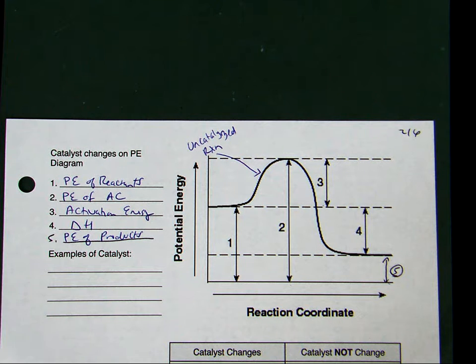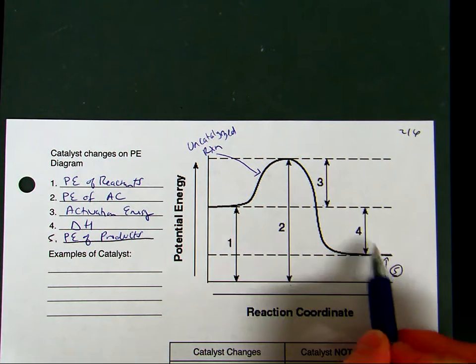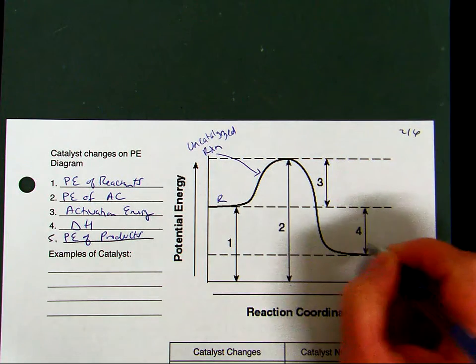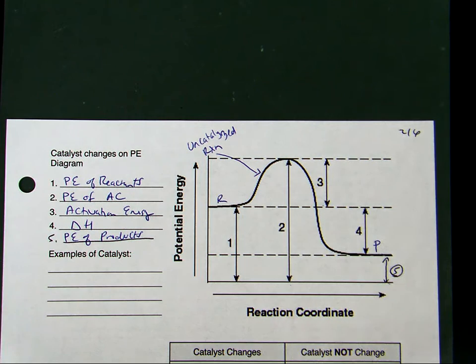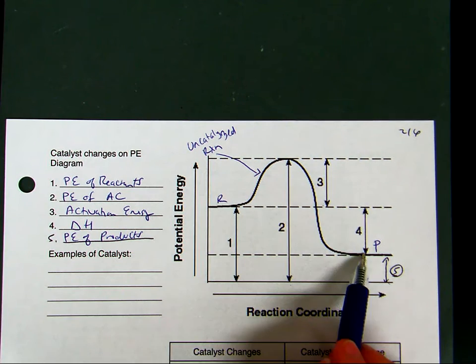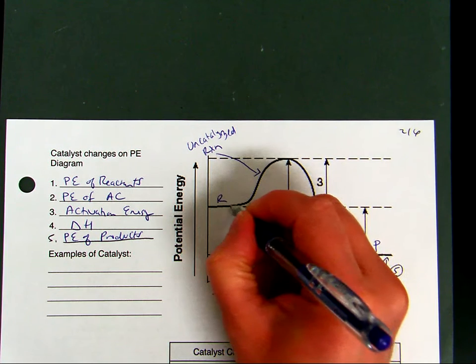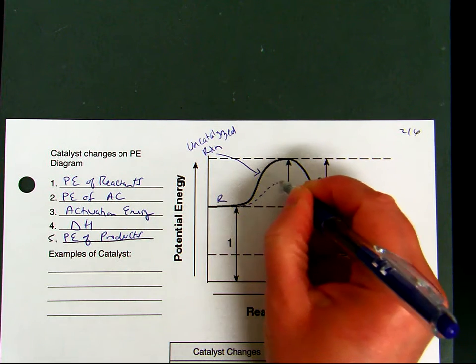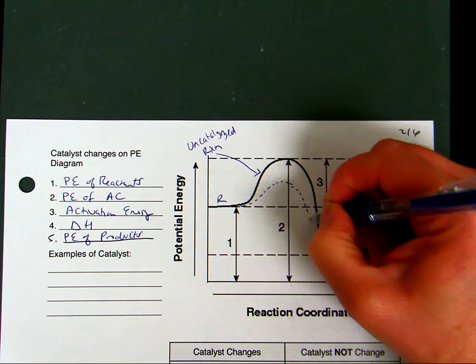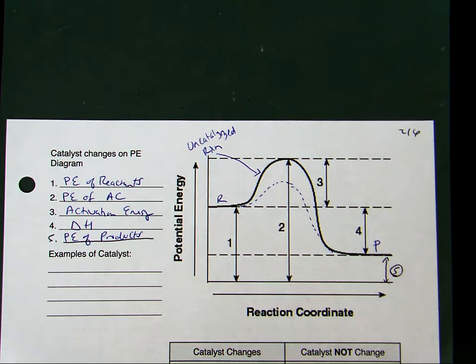Okay, so now we add a catalyst to this reaction. Like those two mountainside homes, whether you take the traditional pathway or the expansion bridge, where you start and end, at the reactants and at the products, is the same, but it's a shortened pathway. So the catalyst is represented by a dotted line, but we're going to create a smaller hill.